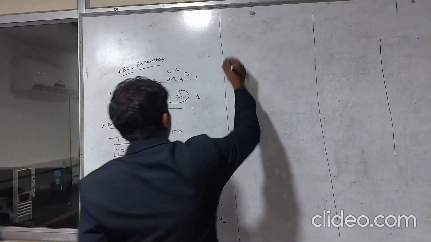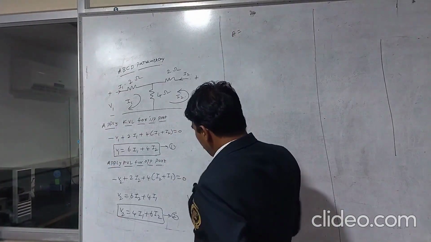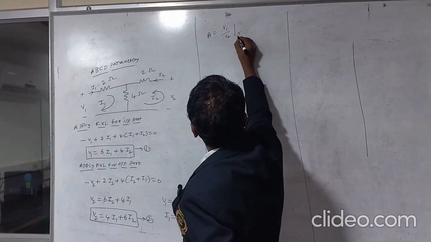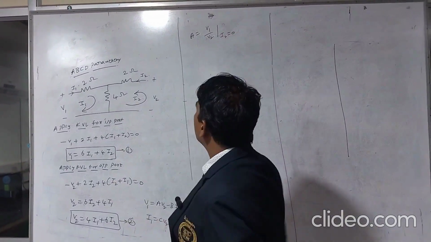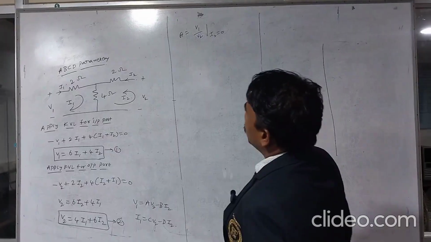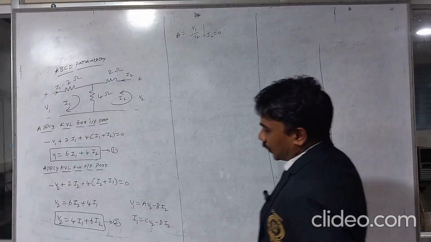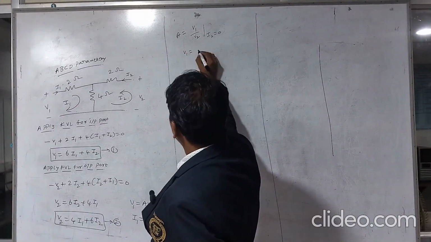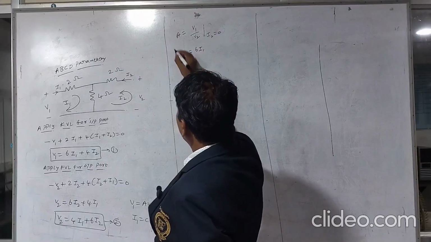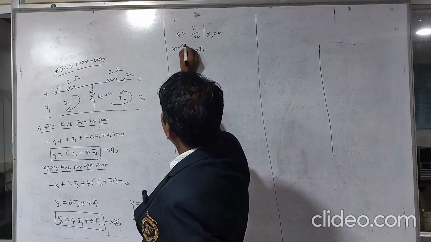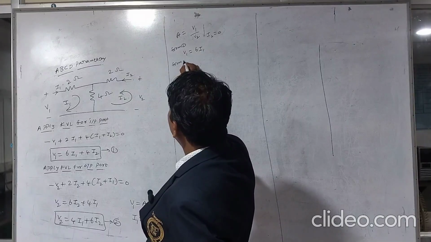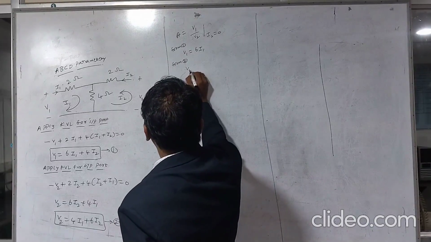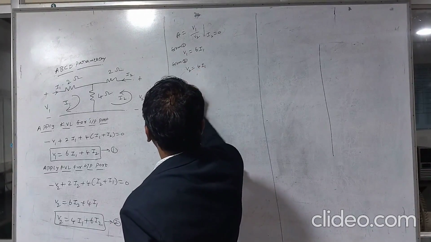So to determine the value of A, it is nothing but V1 by V2, where the output port current will be 0. Let's make it an open circuit. So when I2 equal to 0, from the first equation V1 equal to 6 into I1. Similarly from the second one, by placing I2 equal to 0, V2 equal to 4 times I1.